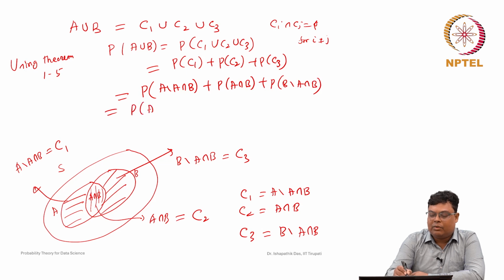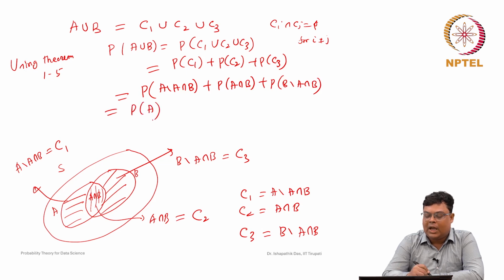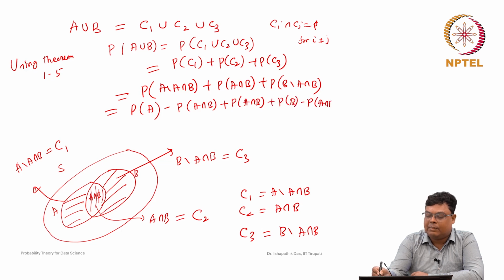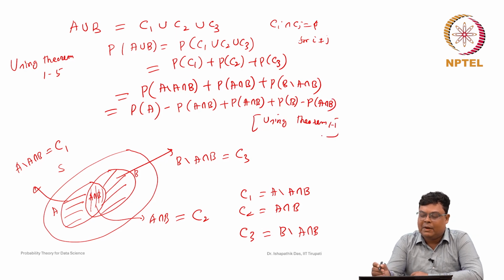Now we apply theorem 1.1. A intersection B is a subset of A, so this is nothing but probability of A minus probability of A intersection B, plus probability of A intersection B, plus probability of B minus probability of A intersection B. Now we simplify: probability of A intersection B and probability of A intersection B cancel.